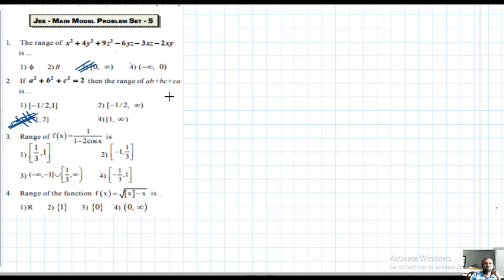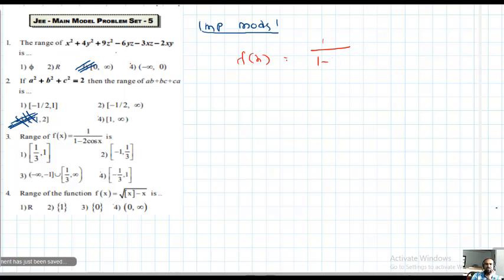Okay, sure. This is also another interesting problem, an important one. f of x is given as 1 by (1 minus 2 cos x). We want to find its range.